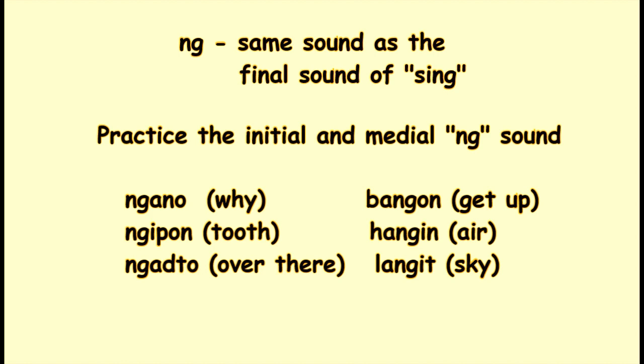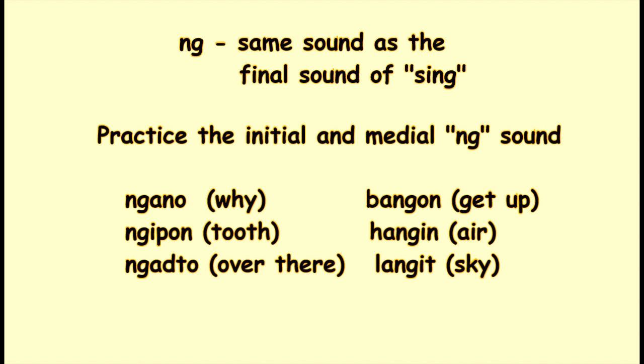It's the same sound as the final sound of the word sing in English. This is pronounced by saying the word sing and prolonging the final ng sound. For example, sing. So the ng sound is the final sound of the word sing.